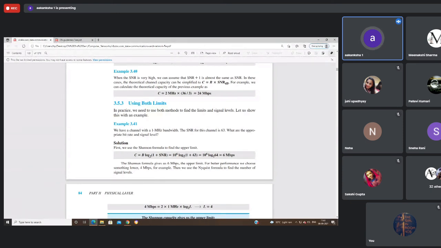The capacity formula is B log 2 of 1 plus SNR. So this is 10 raised to power 6, because 1 megahertz and the bandwidth should be in hertz. So it becomes 10 raised to power 6 log 2 of 1 plus 63, which is 64. Log 2 of 64 is 6.